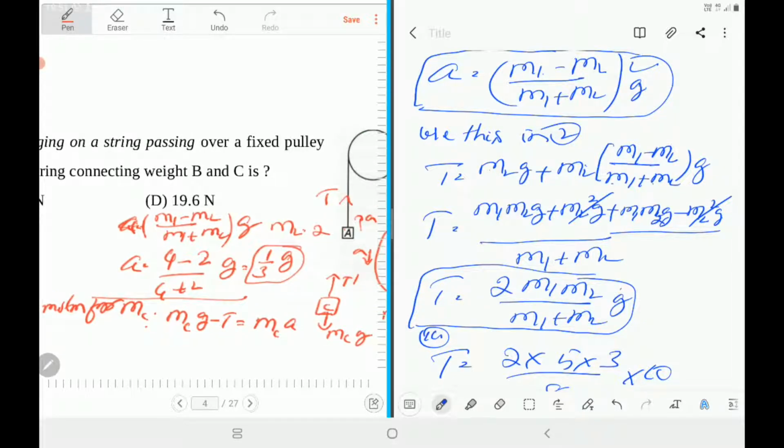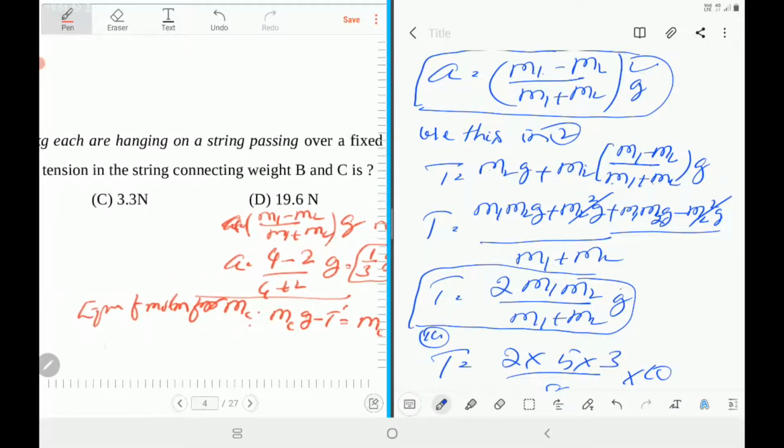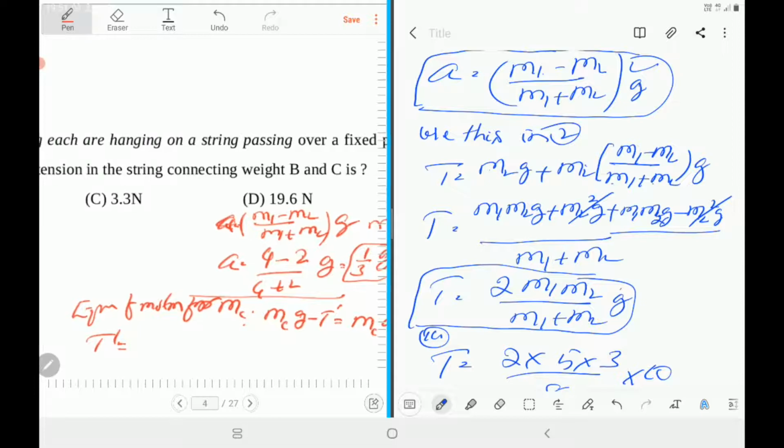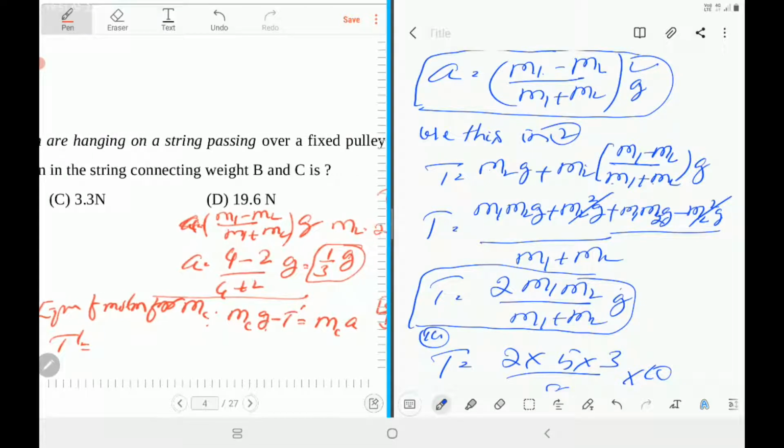You have the value of acceleration. You have to solve for tension. So what is T dash? You bring it to the right side and the other term to the left side. So mc is a common term. It is g minus a.